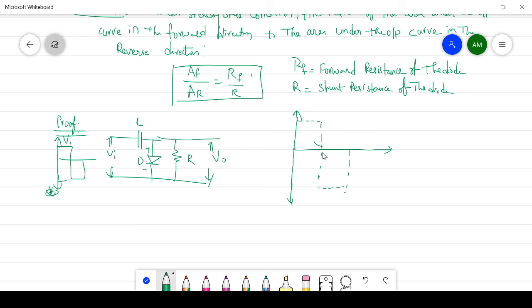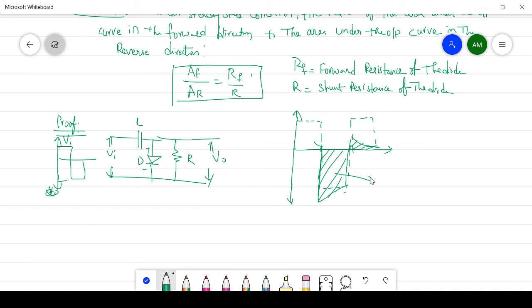Here the complete positive peak is shifted to the negative side, but in practice some voltage appears on the positive side also, due to the cut-in voltage of the diode. So this is the actual output voltage we get whenever we apply the square wave.